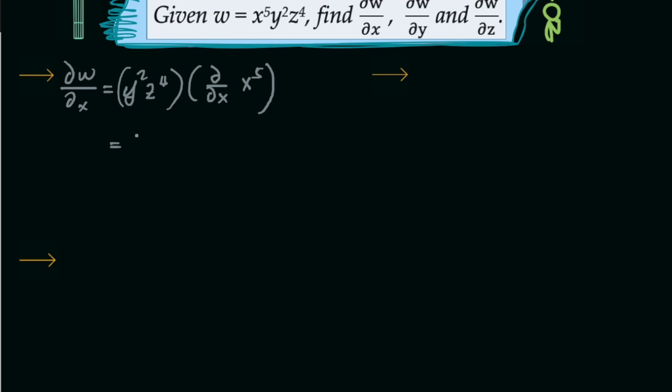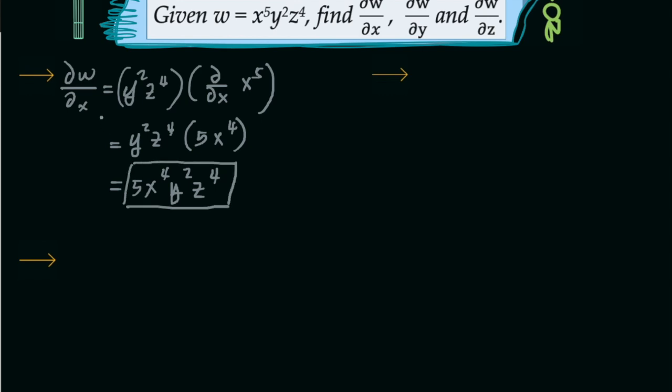The answer will be y squared z to the 4th power times the partial of x to the 5th with respect to x, that is obviously 5x to the 4th power. By simplification, we'll have 5x to the 4th power y squared z to the 4th power. This is now the value of our partial of w with respect to x.